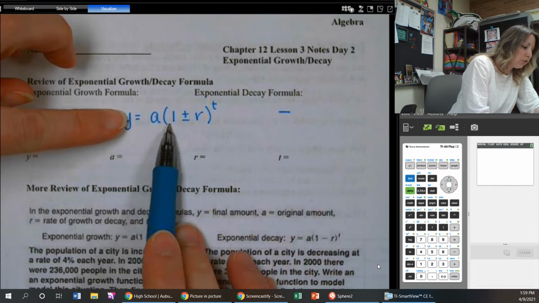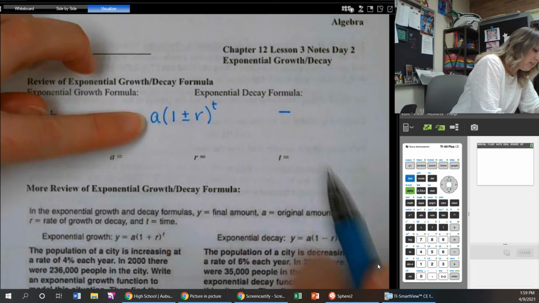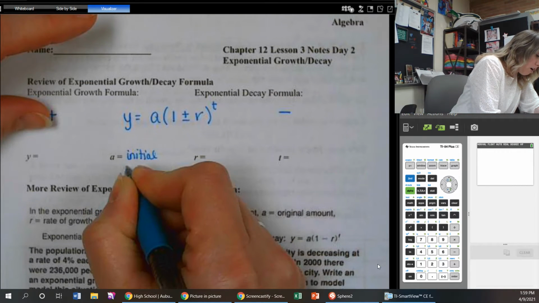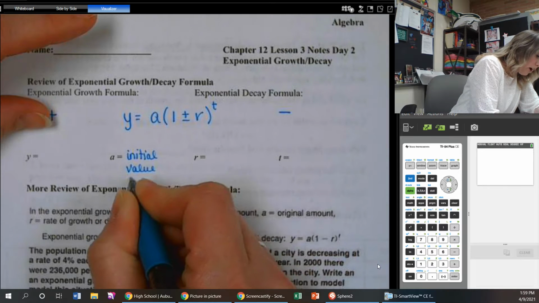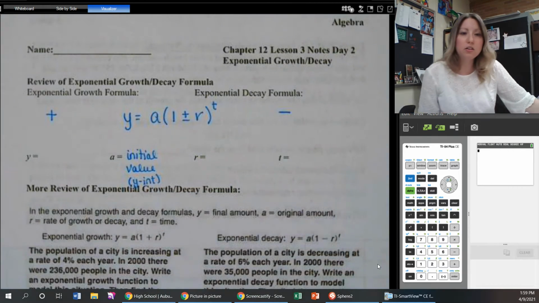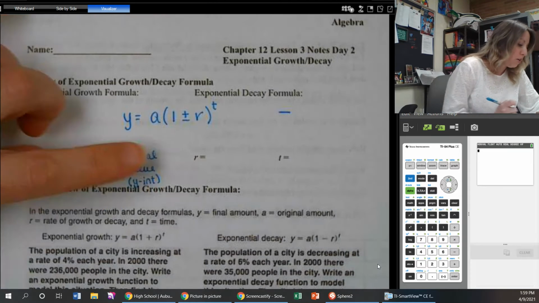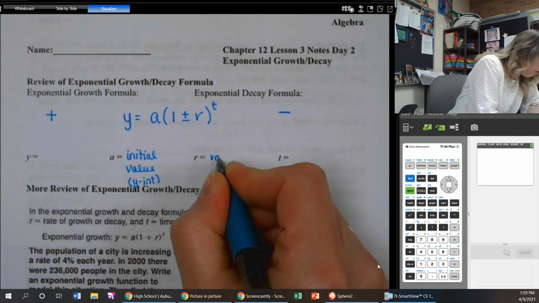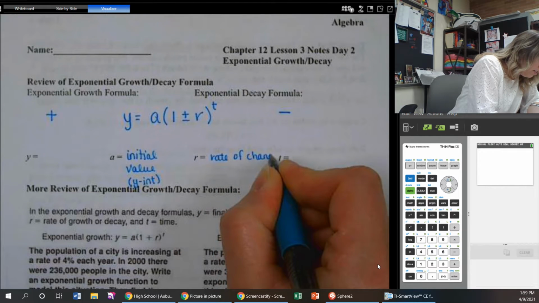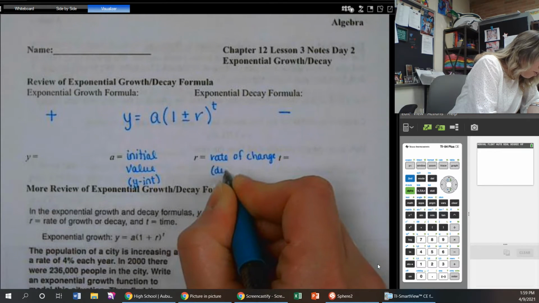Now, what do each of these variables in here mean? A is the initial value, also known as the y-intercept. Okay. A is the initial value, also known as the y-intercept. The r is the rate of change, and I'm going to put under r in decimal form.